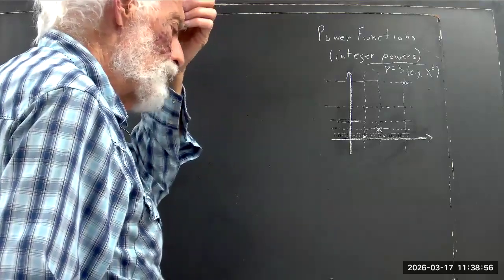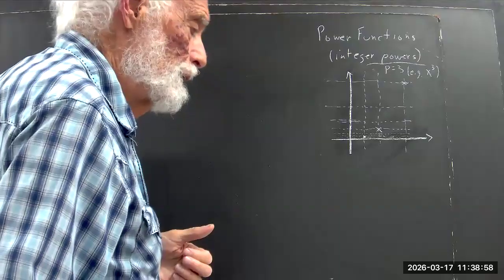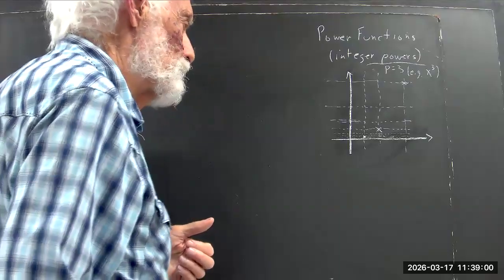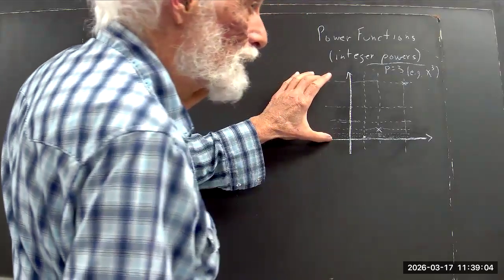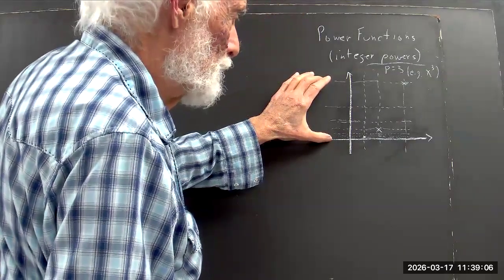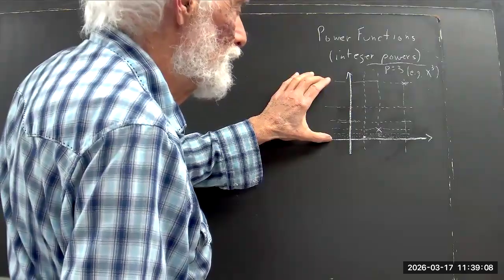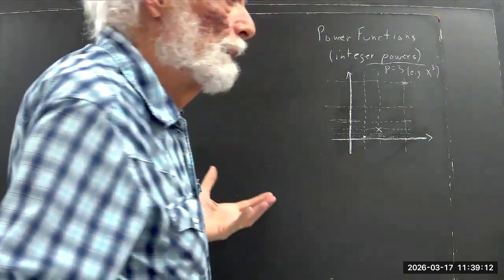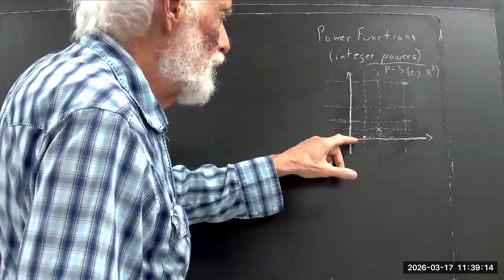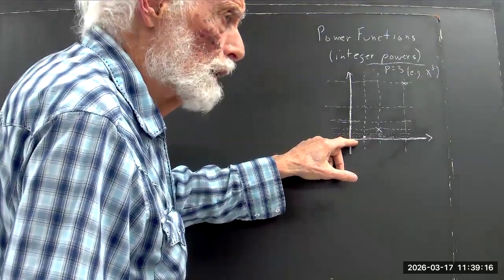And we would end up with 1/512th, that's right, 1/512th of this distance, the distance between the x-axis and the top horizontal line. And that's so small that it would be well within the thickness of the chalk line here.